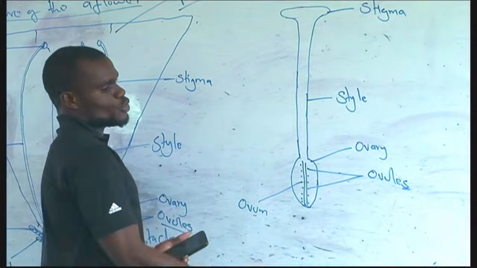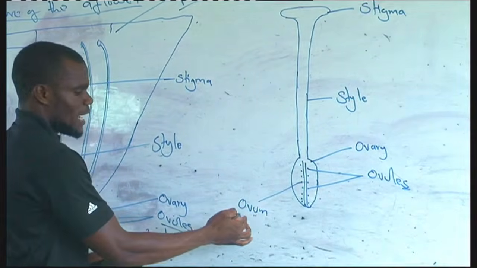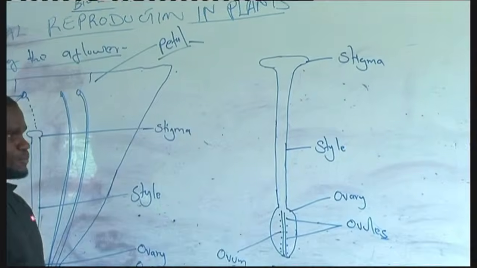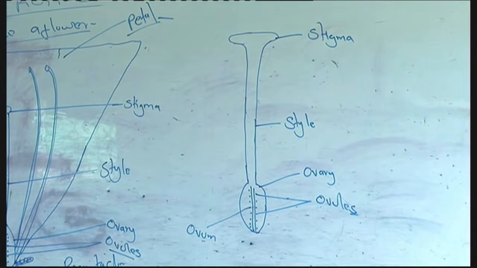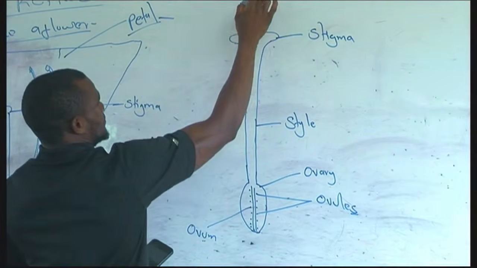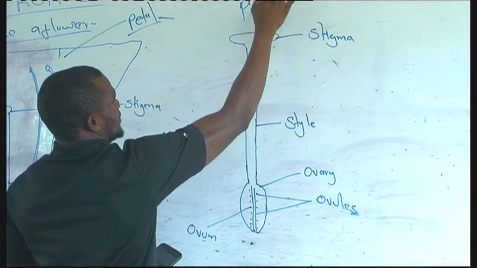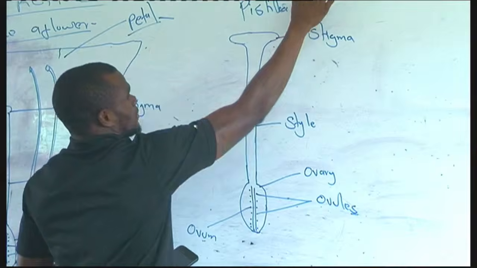So you have to indicate two this way. But if it is one, just write the ovule. So at this point, you have drawn the pistillate part of a flower. Pistillate, with a double L, or the gynoecium part of a flower.